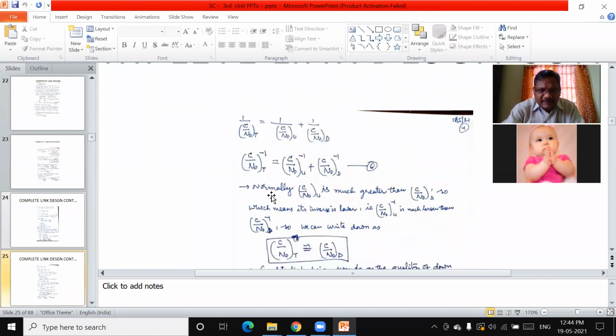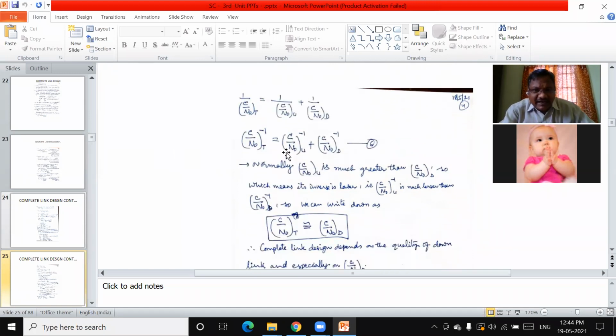So now, normally please see, C by N naught U, the uplink, is much greater than C by N naught D. And in the uplink, the signal is transmitted from the earth station antenna and goes to the satellite.